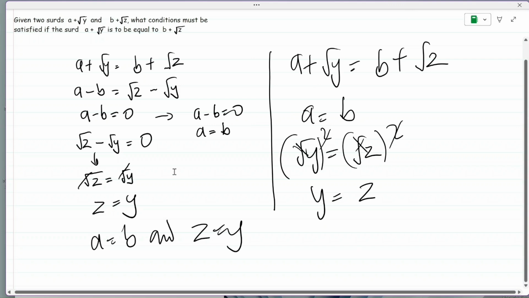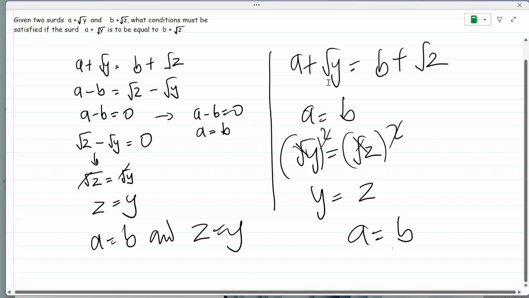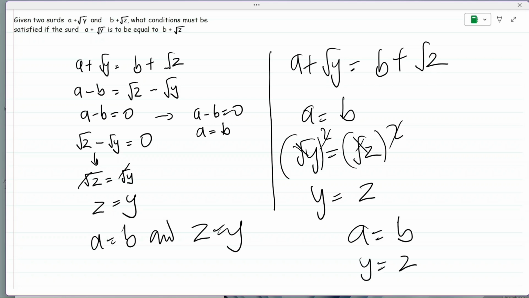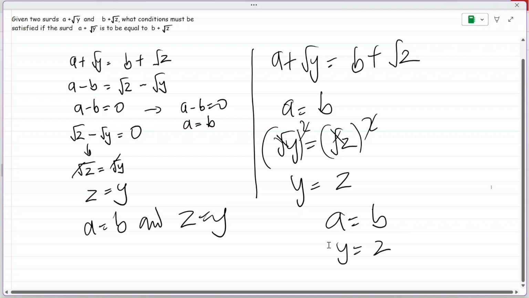All this is simply saying a can be equal to b if they are the same, and since y is in root and z is in root, we can also say y equals z. It's right to note that we are able to equate a to b and y to z, because if you look at these two surds, one on the left and one on the right, you see that both of them have positives.